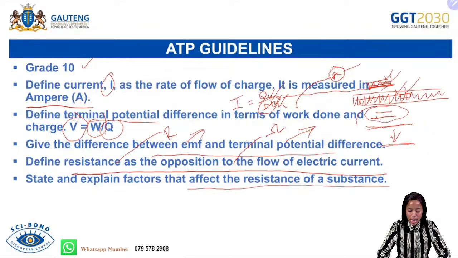And then another factor would be the type of conductor, okay? So we are saying that a better conductor would mean that we are going to have less resistance there.